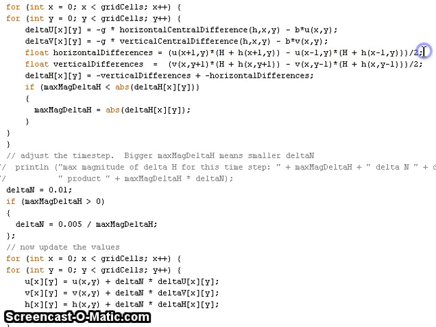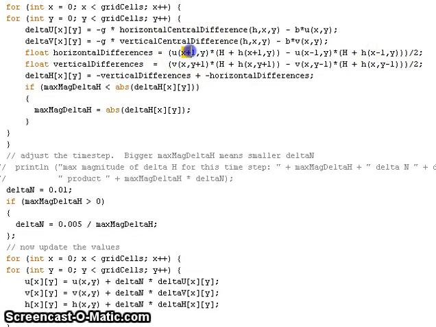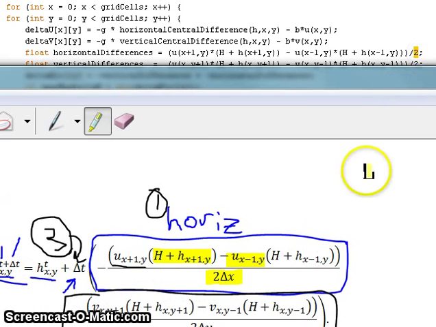The final thing to notice is that I divide by 2 at the very end, and that accounts for 2 times delta x. I'm measuring delta x as the number of grid cells over which I did the finite difference, and 2 is the number of grid cells that I spanned, x minus 1 to x plus 1, so I divide by 2.